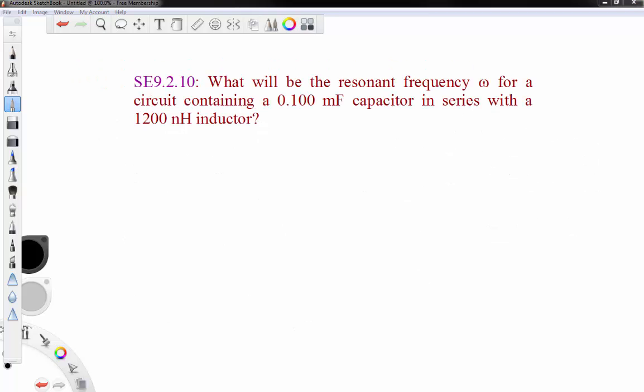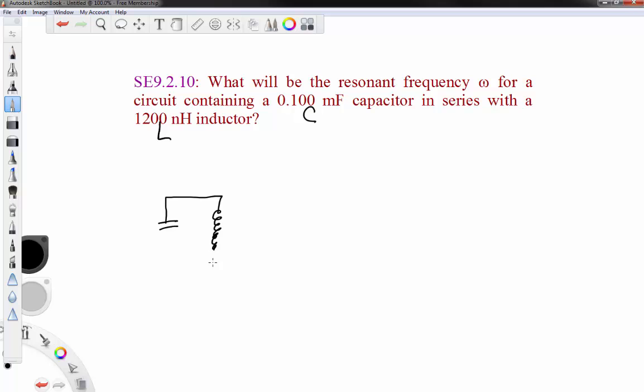Finally, we ask what's the resonance frequency for a circuit containing a capacitor that is a 0.1 millifarad capacitor and an inductor that is a 1200 nanohenry inductor. So basically you have this circuit right here.